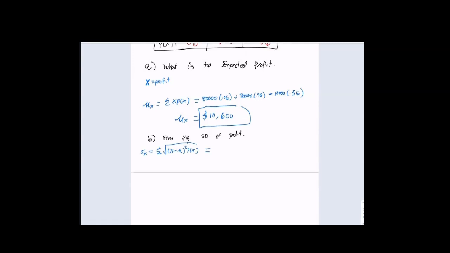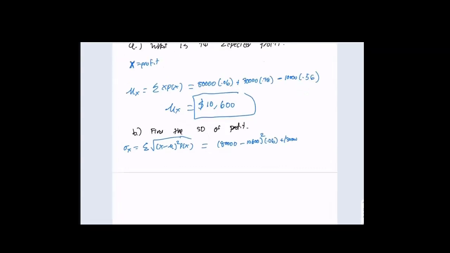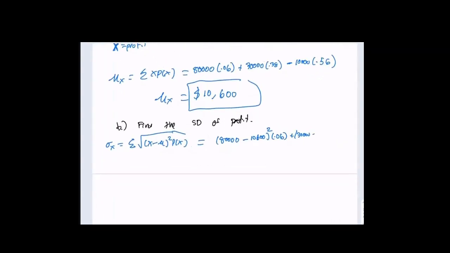So it's (80,000, sorry, minus 10,600) squared times 0.06, plus (30,000 minus 10,600) squared times 0.38.